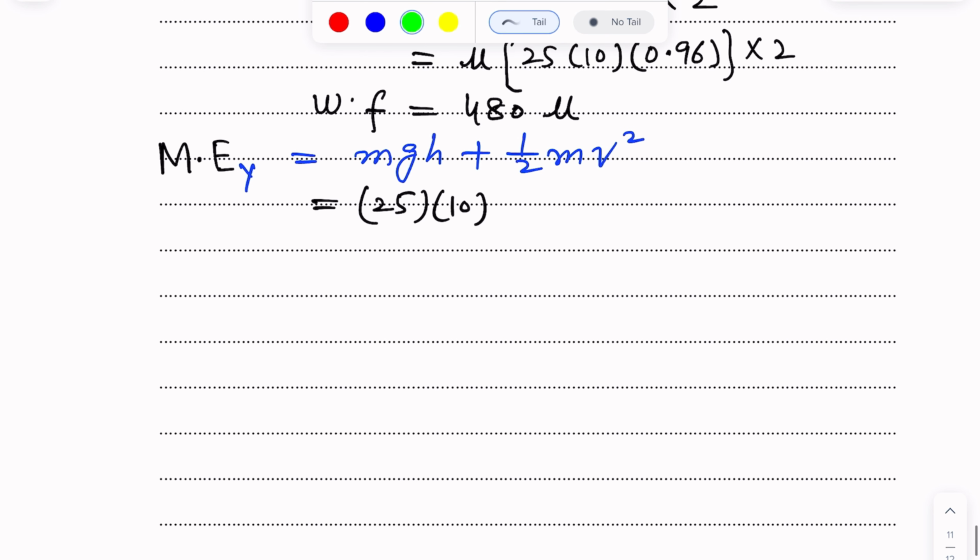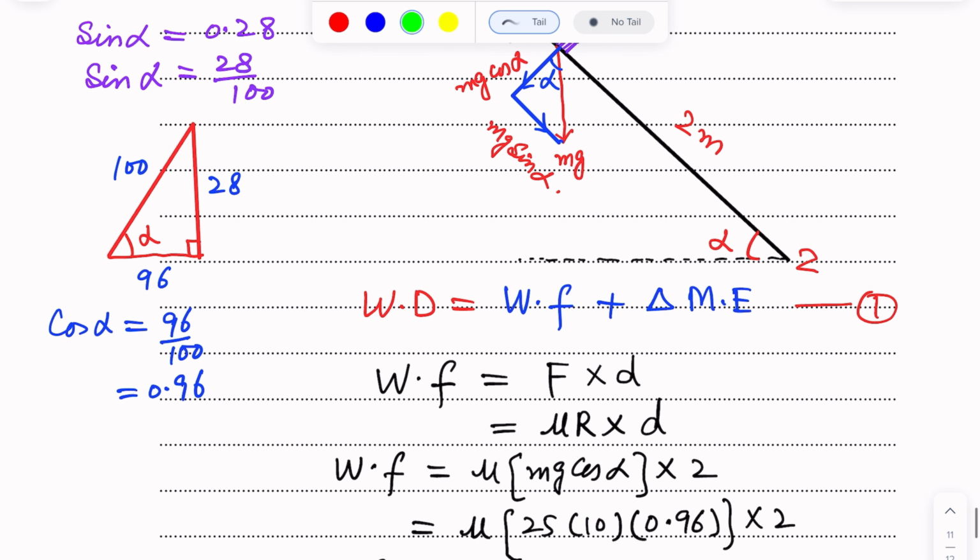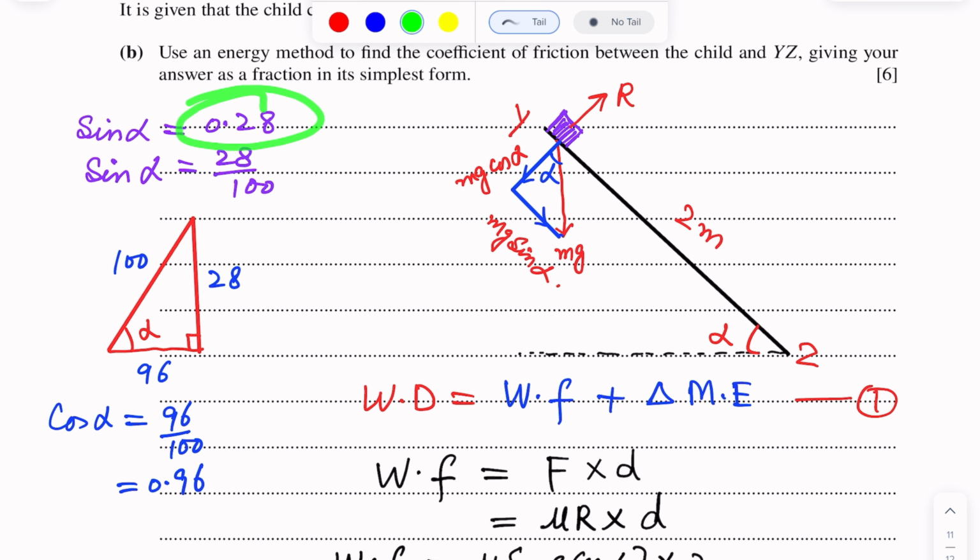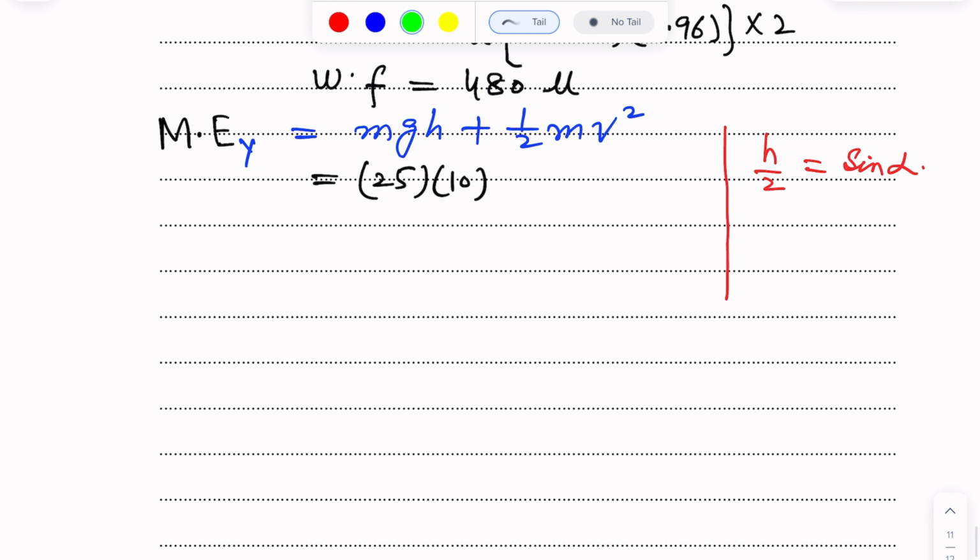So we are finding the value of h from the diagram. Perpendicular over hypotenuse is equal to sine alpha. Sine alpha is given, that is 0.28. So we can write h over 2 is equal to 0.28. From here h is equal to 0.56 meters.